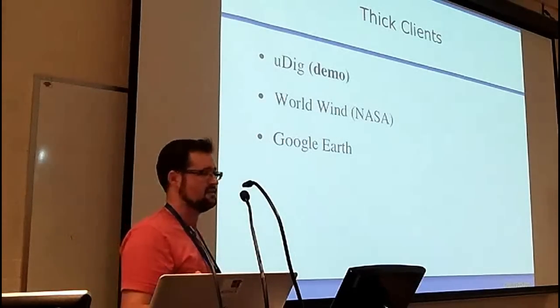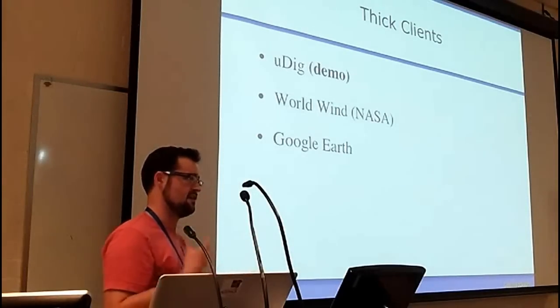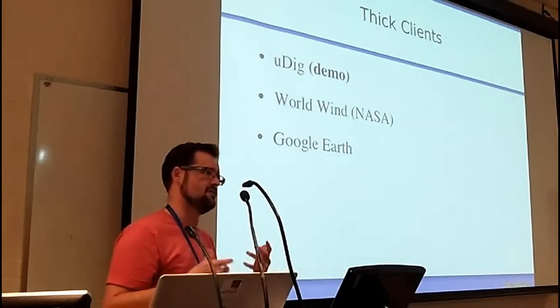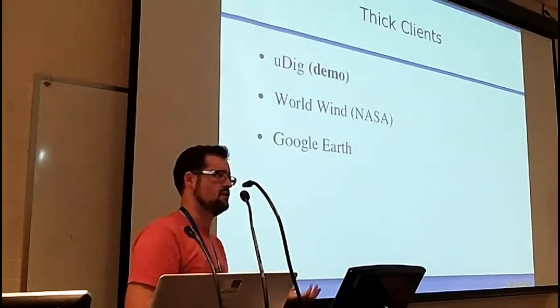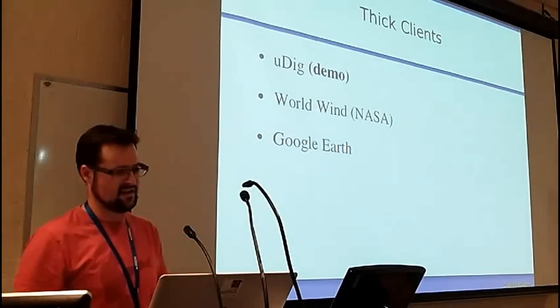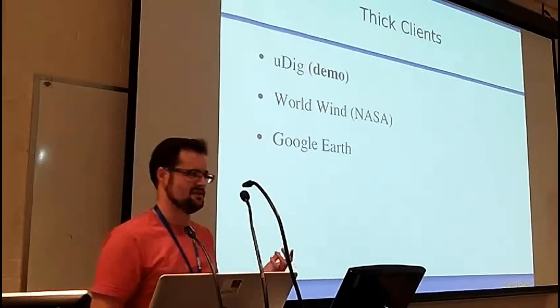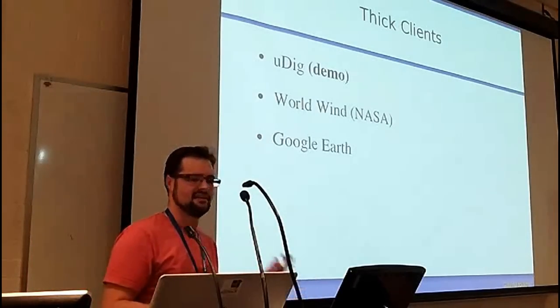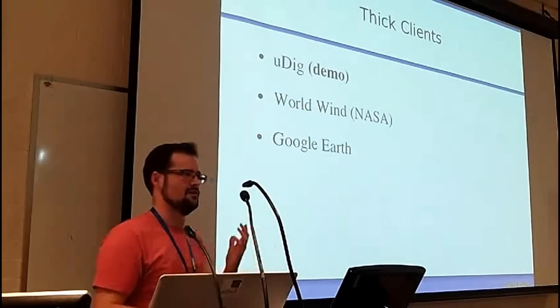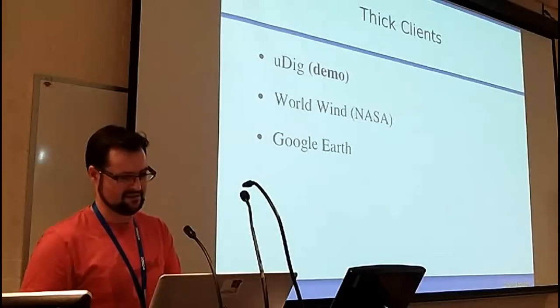Chances are, if you can render the layers in uDig, it'll work in GeoServer, so it's a good way of taking a look at spatial information before you invest the time to put it into PostGIS and put it into GeoServer. Then there's WorldWind, an open source clone of, I don't know if it's a clone, but it looks like Google Earth essentially, and then of course there's Google Earth. I just thought I'd better mention Google Earth.